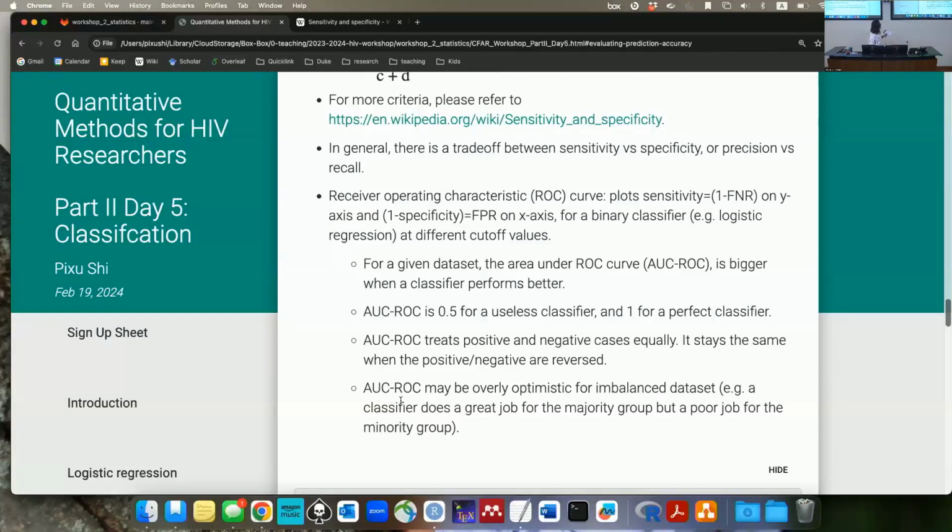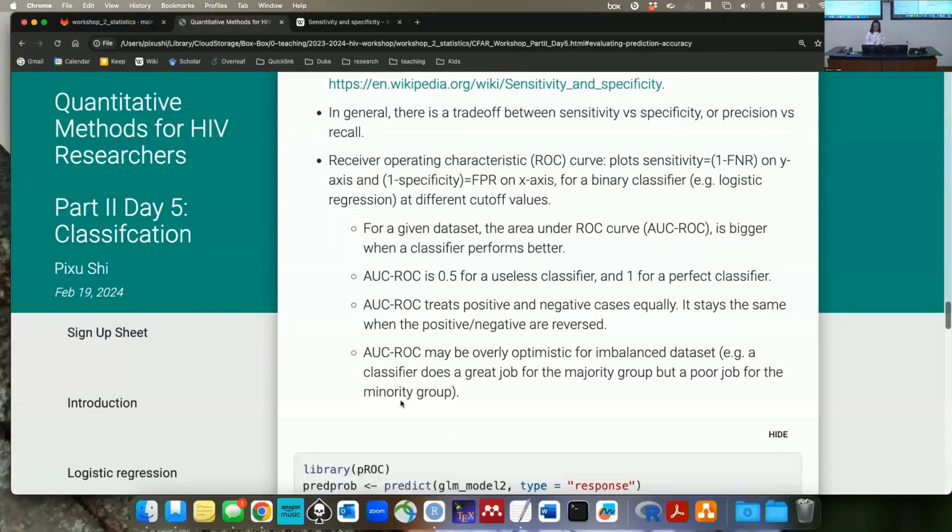So that's why you shouldn't be overly confident about the area under the curve of ROC if you have a very imbalanced data set, because that may just mean that you did well in one class but not the other.